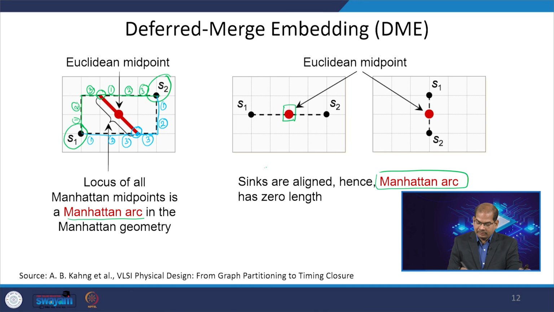The same case applies here also. This is the only midpoint possible. So, whenever the sinks are aligned, the Manhattan arc has 0 length.